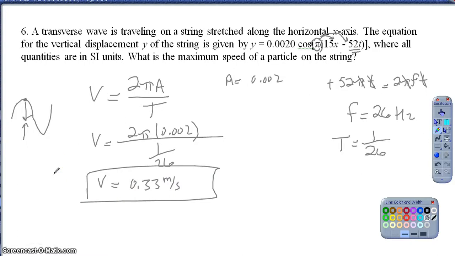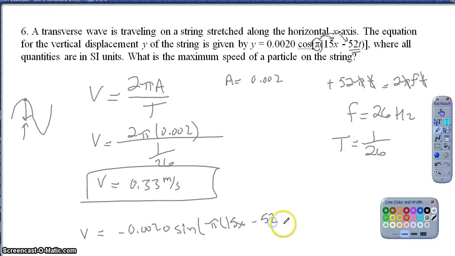So again, if I wanted to do this in the slightly more complicated method, I could do the derivative of that function. If I did the derivative of that function, I would end up with the velocity function being negative 0.002 times, and then I'm doing the derivative of the inside. So I'm doing the derivative of the cosine function first, making it sine, so that part doesn't change initially.